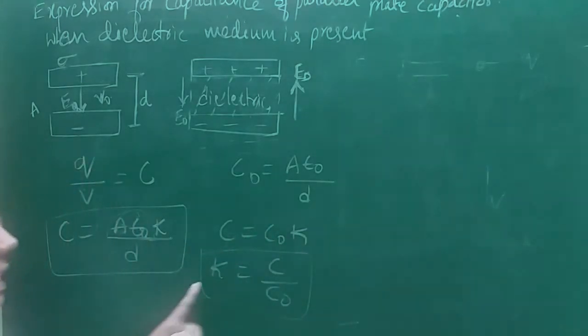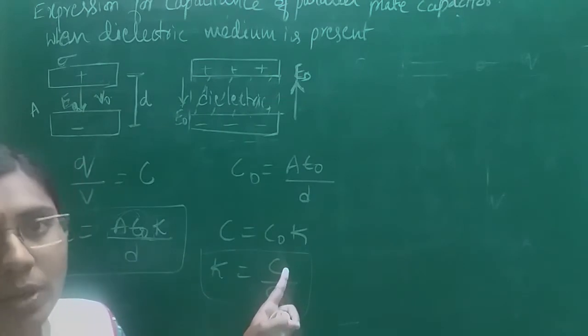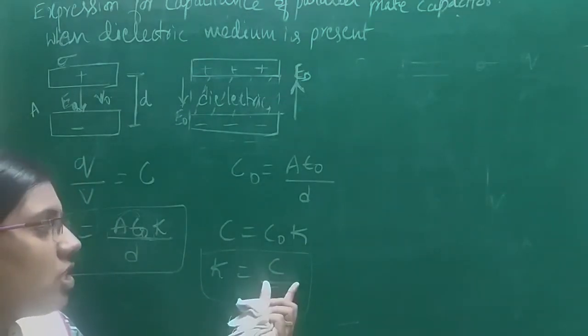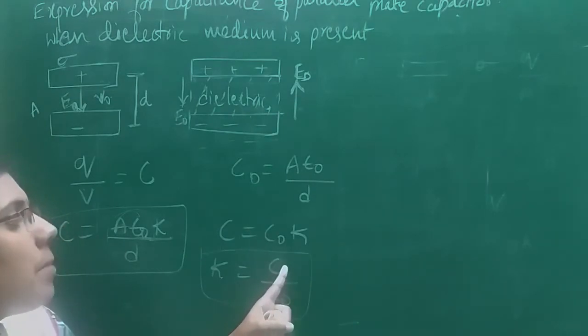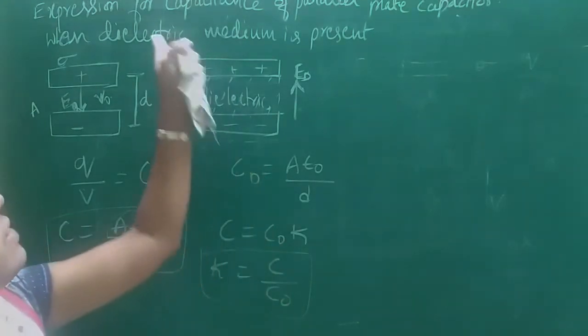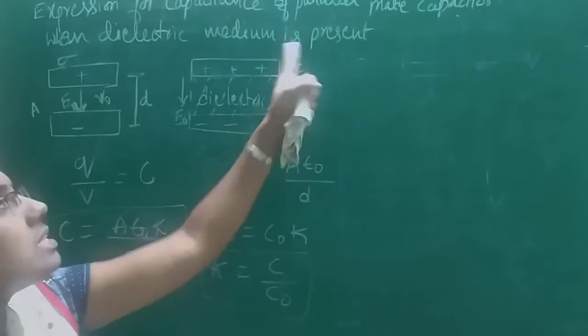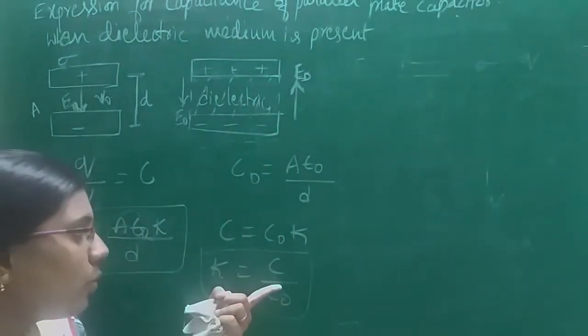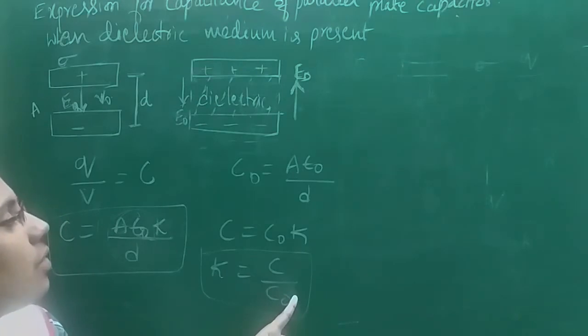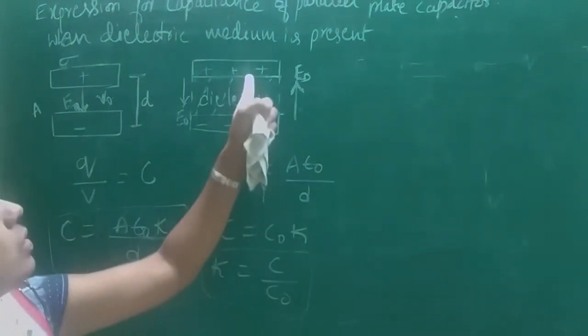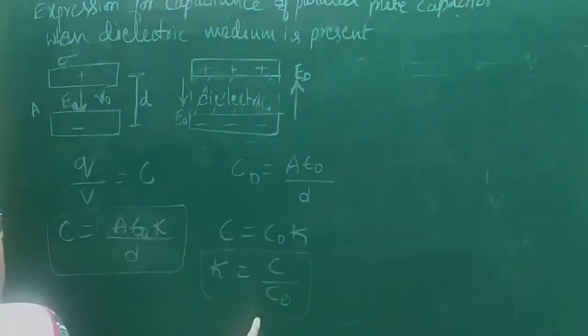Now the dielectric constant can also be defined as the ratio of capacitance of a parallel plate capacitor when a dielectric medium is present between the two plates to the capacitance of a parallel plate capacitor when the medium between the two plates is air or vacuum.